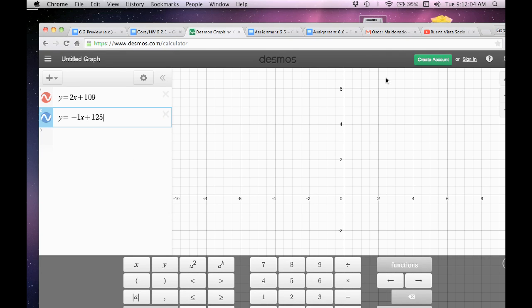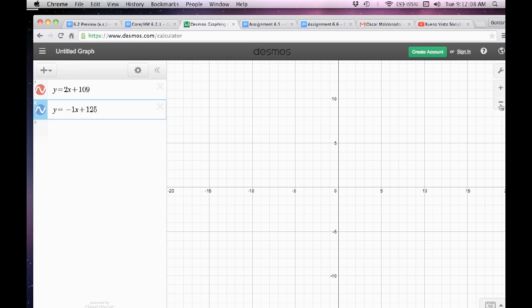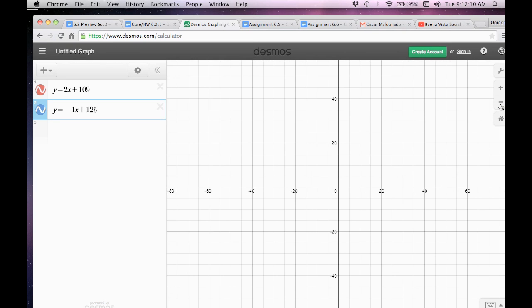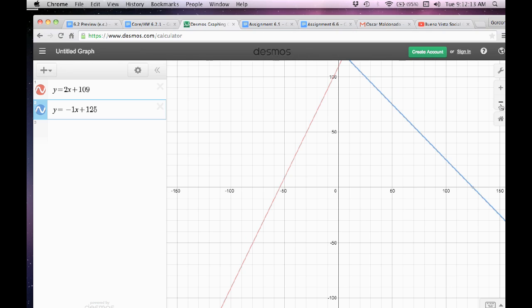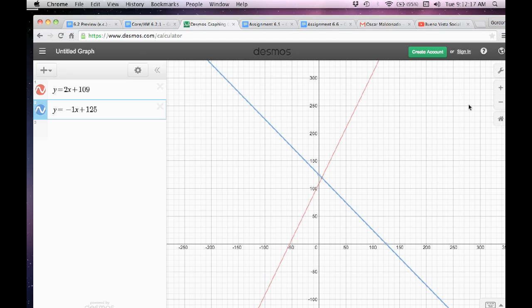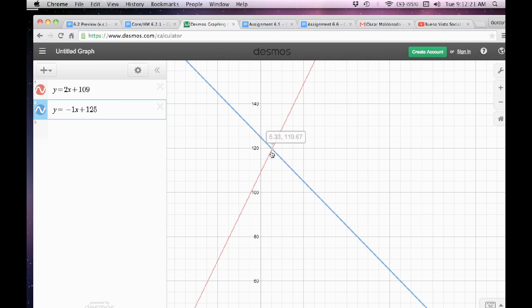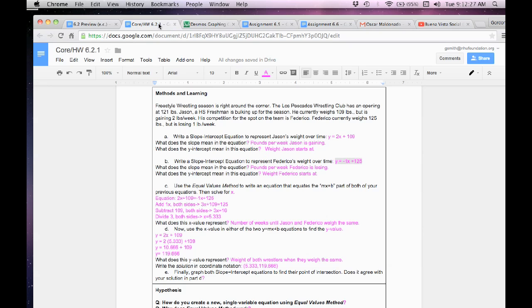And you're like, but they don't even show. Well, what do we know about that? We know that you sometimes have to zoom out to see everything. So let's see if zooming out helps. Oh, I see it. Okay, there it is. The point where they intersect would be the point where the two young men weigh the same, 5.33 and 119.67.